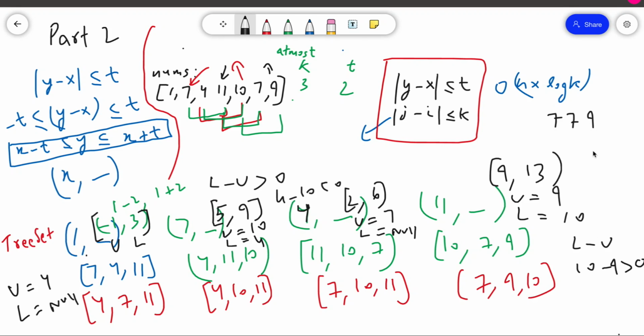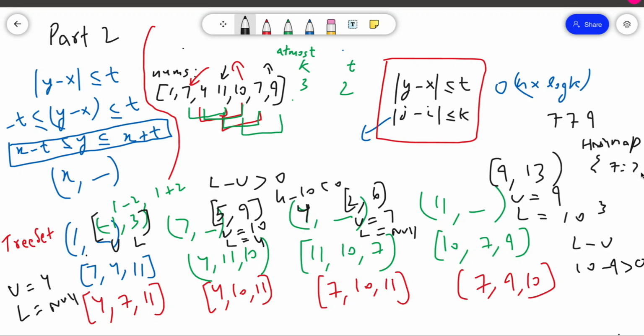Okay, so to overcome this, we have to maintain another data structure. We can use a hash map, which is a dictionary. We can maintain the count of each of the next k numbers.